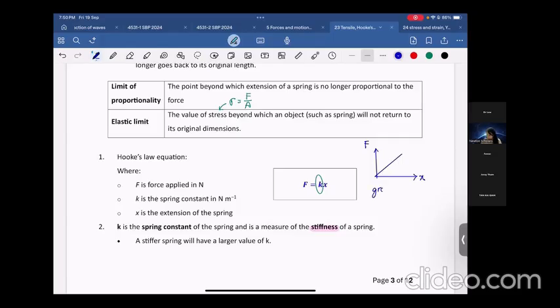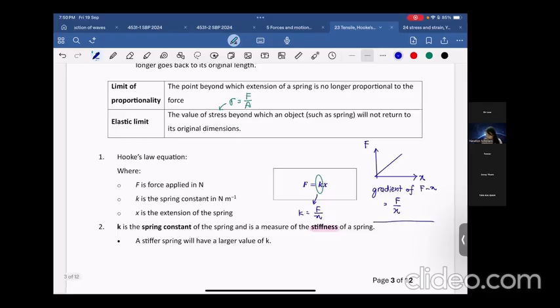You can calculate the gradient of the Fx graph. The gradient is y divided by x, y2 minus y1 divided by x2 minus x1. So it should be F divided by x. If I rearrange this formula, k is F over x. So we can use the gradient of the graph to find out your spring constant.